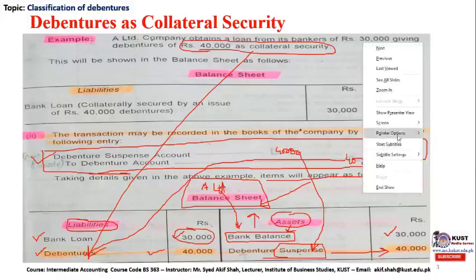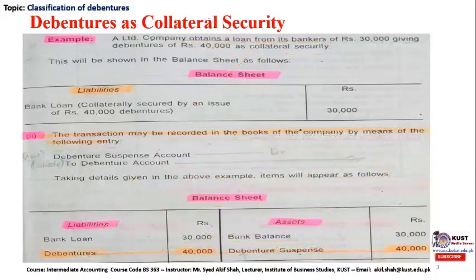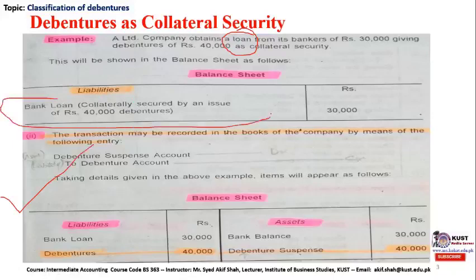This was all about how debentures are issued as a collateral security if the company is looking to obtain a bank loan. So the rule says either to make an accounting entry just like this one, or simply give a note in the balance sheet and not make any entry. Both options are correct, whatever you would like to do.